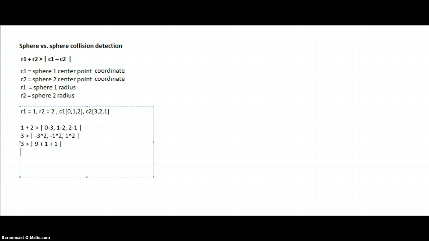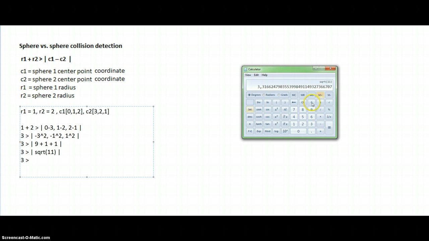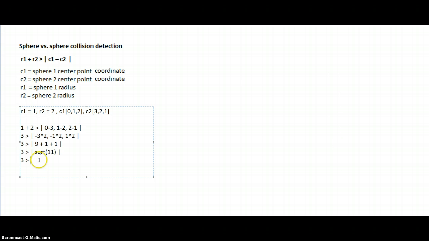Again 3 is greater than the sum 11, and now we can do the next phase of the Pythagorean theorem, which is square rooting this sum. Finally we get 3 greater than the square root of 11, which is 3.3.